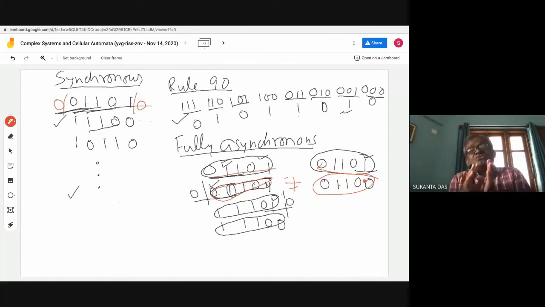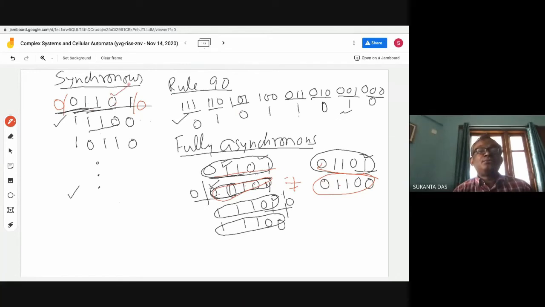So configuration transition depends on two factors. First, the rule as usual. Second, which cells are updated when. In case of a synchronous system, you can never get that.